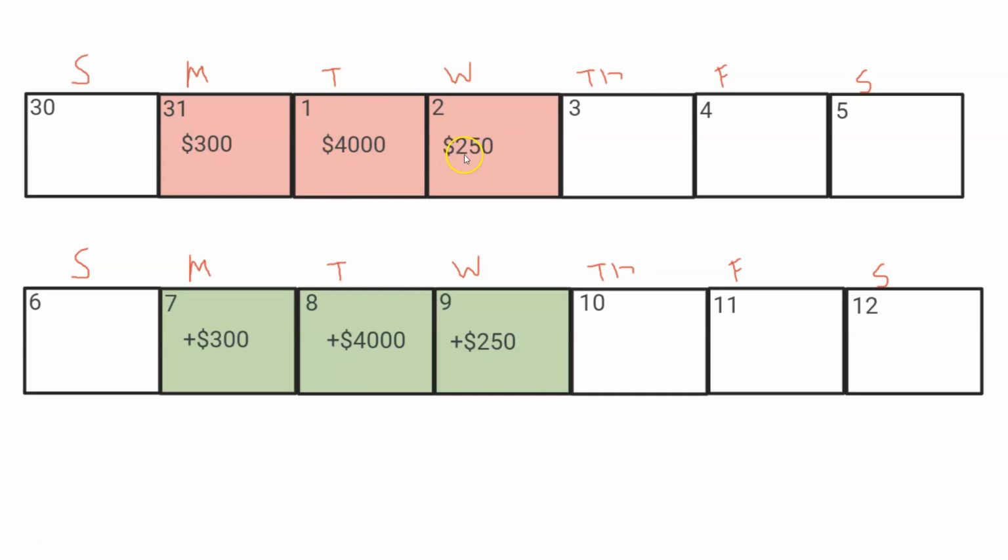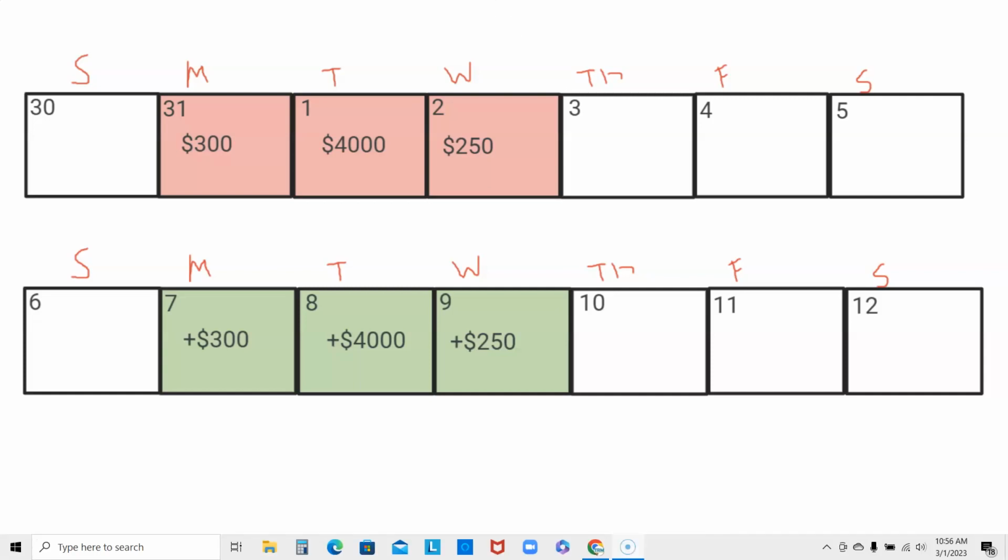And then on Wednesday, we receive $250. That $250 is being deducted from the $5,700 that we have left. So by the time the end of the week comes, since we only received 3 days of deposits, we now have $5,450 left that we can receive. If we look at the following week, we have Monday, Tuesday, and Wednesday here.